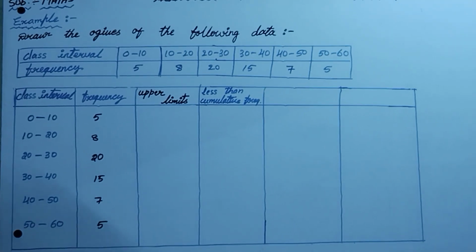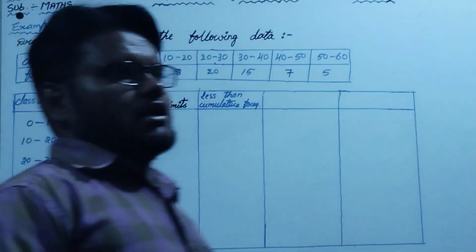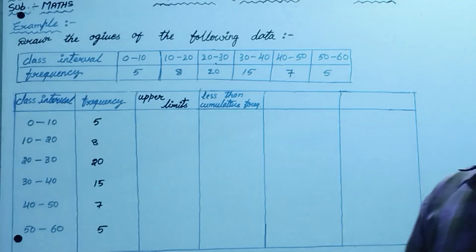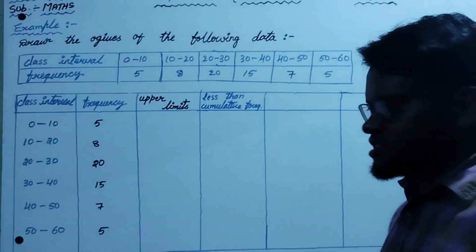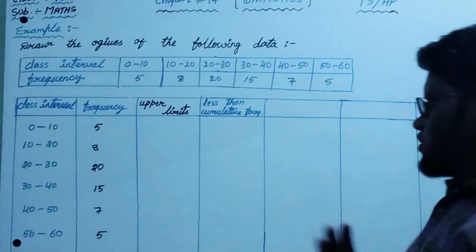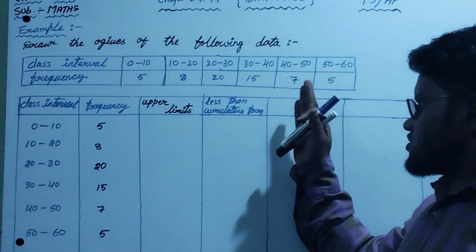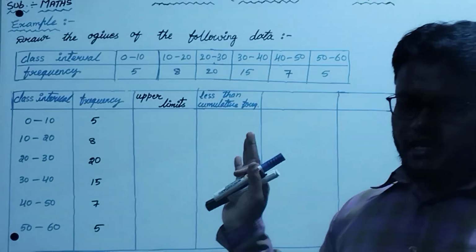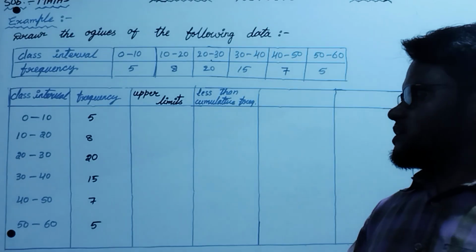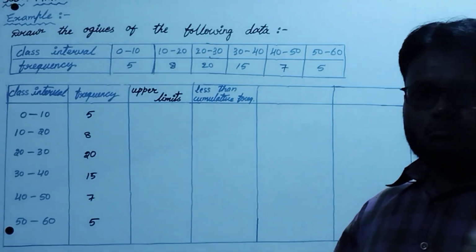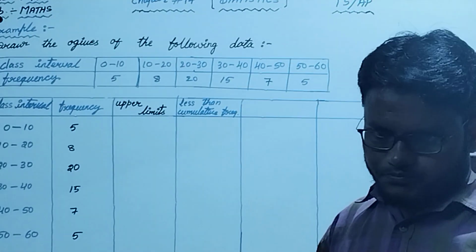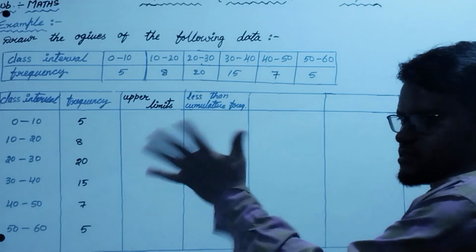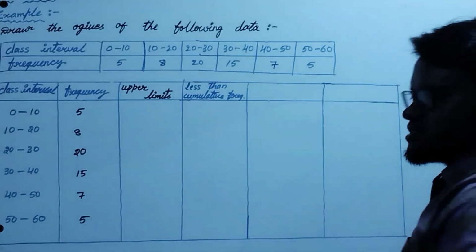Remember, if they ask only to draw the graph of less than cumulative frequency, then only 4 boxes are enough. No need for these 2 boxes, just forget them. If they ask to draw the more than frequency distribution, these 2 boxes will be needed.